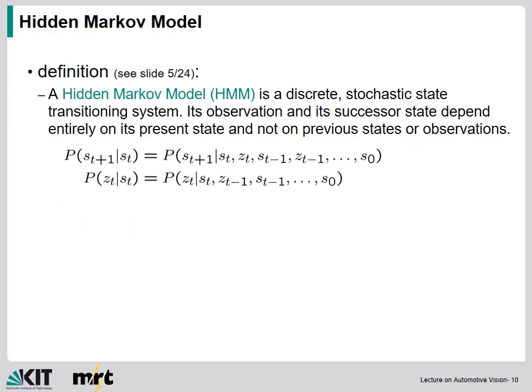It is a discrete stochastic state transition system. Its observation and its successor state depend entirely on its present state and not on previous states nor observations. That was introduced in chapter number 5. The 2 formulas below state these independence assumptions that are expressed in the sentence above.